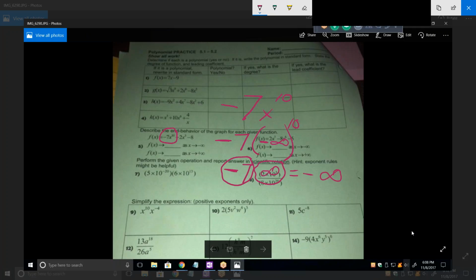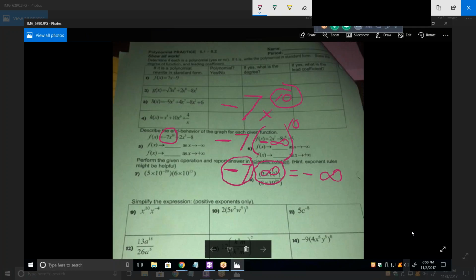It seemed complicated, but here's the thing. If this is an even exponent, then the left-hand end behavior is the same as the right-hand end behavior. Notice that if I plug in positive infinity instead of negative, I get the same answer. I get negative infinity. But I automatically know that.